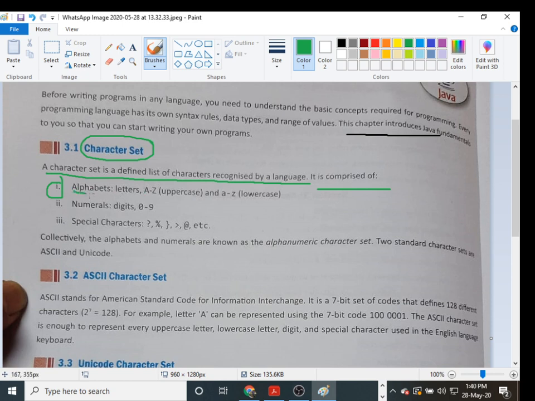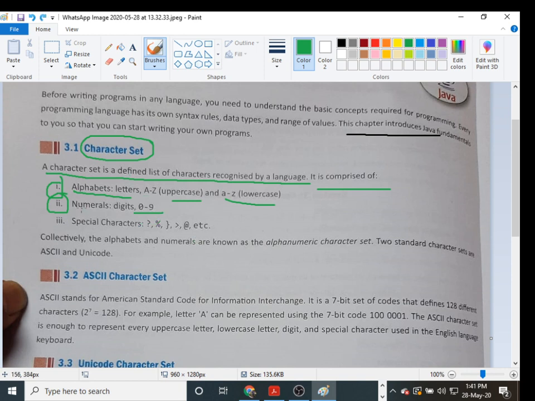Means Java uses uppercase alphabets, that means capital A to capital Z, and lowercase alphabets, that means small a to small z. And the second one is numerals. Numerals means the counting digits which are 0 to 9, because all the rest of the numbers are made with the help of 0 to 9.